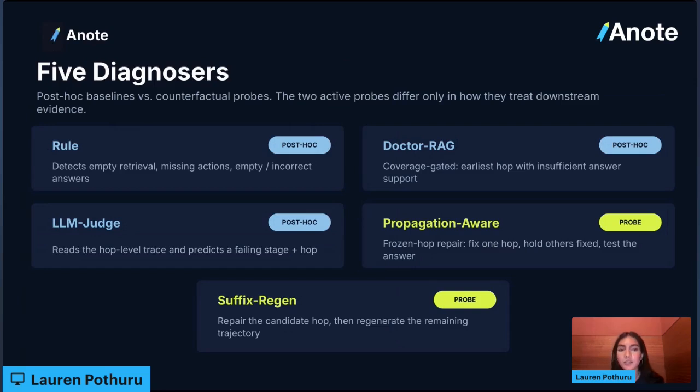And so these 2 probes differ only in how they would treat downstream evidence. So whether or not we're keeping all of the other past hops consistent or if we're actually regenerating and rerunning those follow-up hops. And this difference actually turned out to matter a lot.